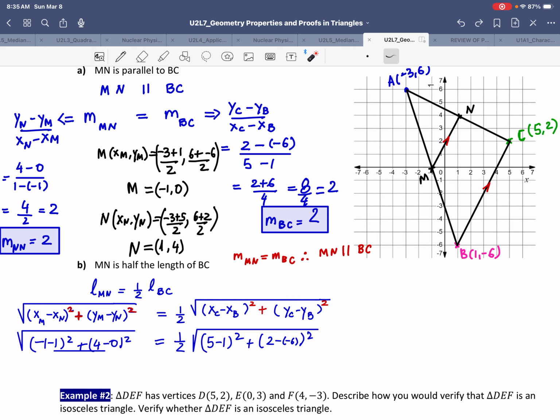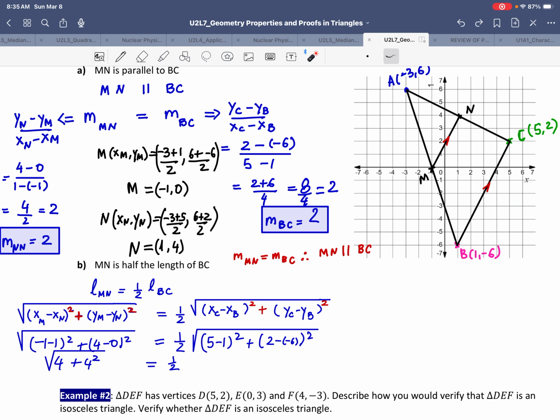So in the next step, we are going to simplify each side. So remember, -1 minus 1 would be -2, and the entire thing squared is 4. 4 minus 0 is going to be equal to 4 squared, or 16.